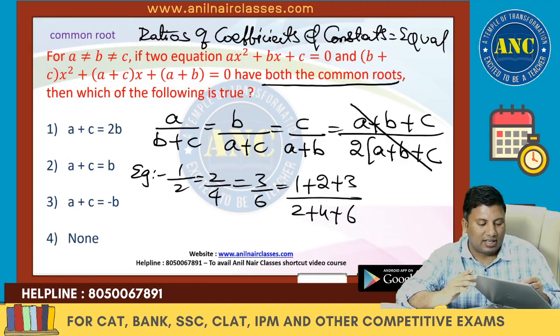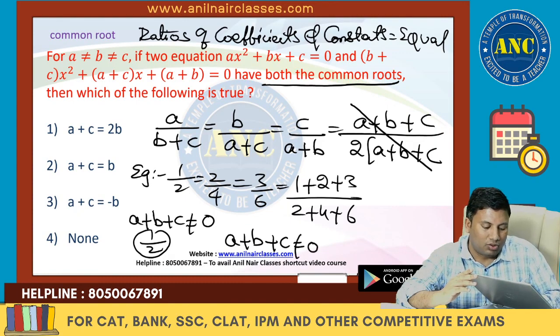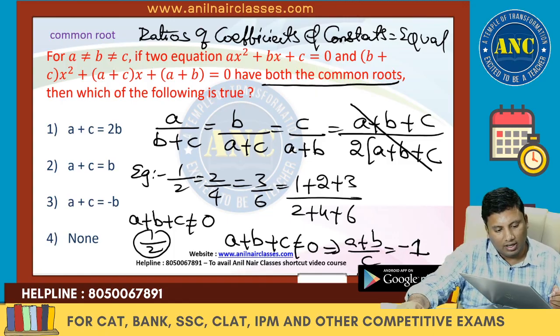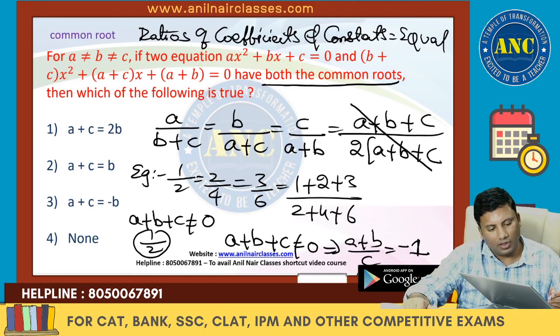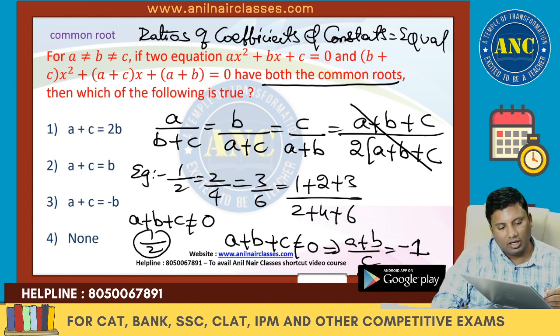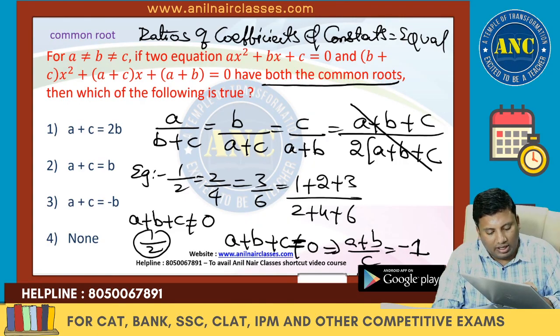If I cancel, if A plus B plus C is not equivalent to 0, the answer is 1 by 2. A denominator cannot be equal to 0. That means A plus B by C should be equivalent to minus 1, so A plus C is equivalent to minus B. If the denominator is not equivalent to 0, it is 1 by 2.